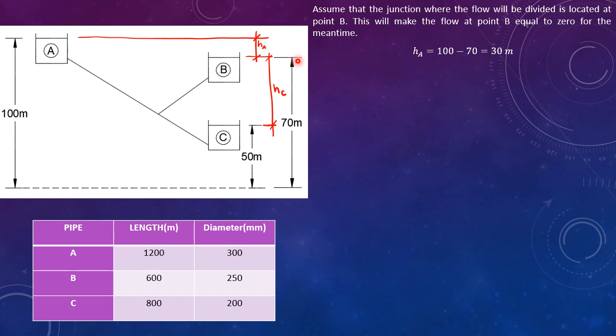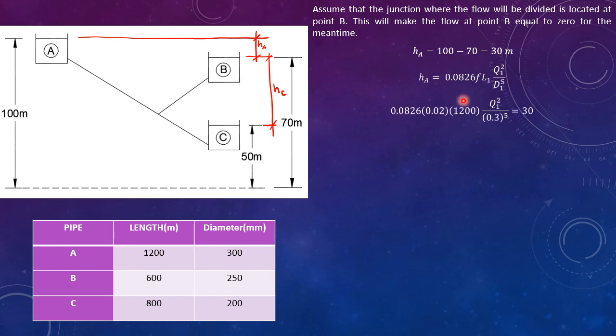Since we were given frictional factor F in the problem, to solve for HA, we will be using Darcy-Weisbach formula. That is equal to 0.0826 FL1 Q1 squared over D1 raised to 5.